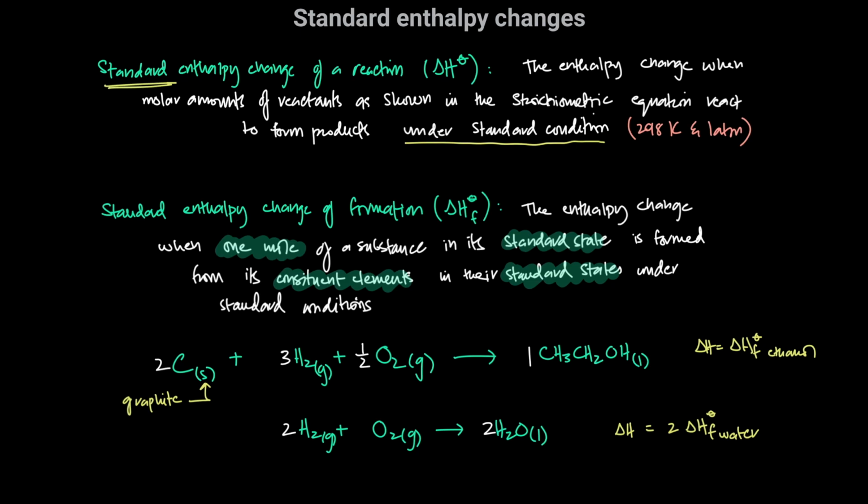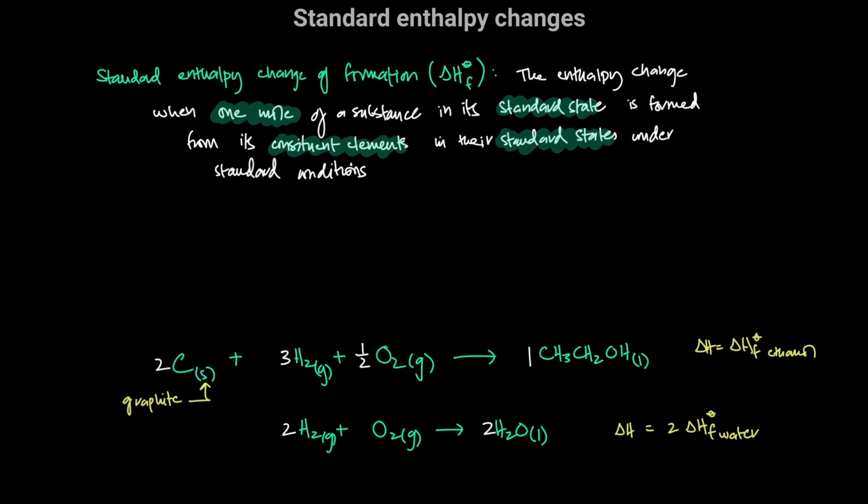The enthalpy change of formation is the enthalpy change when 1 mole of a substance is formed. If you're making 2 moles of water, you're making twice the amount, so you have 2 times the formation enthalpy. The enthalpy change for this reaction is the enthalpy change when 2 moles of water are formed, so that would be 2 times the enthalpy of formation.